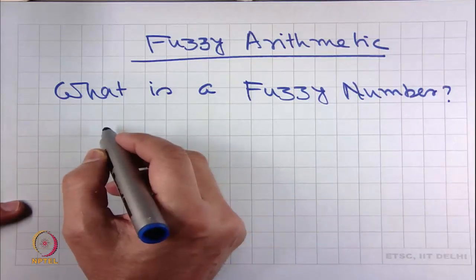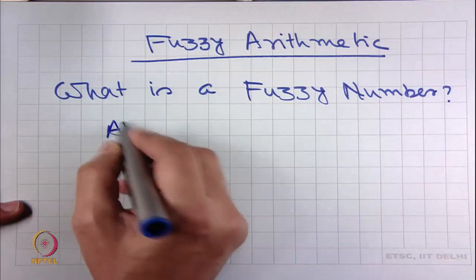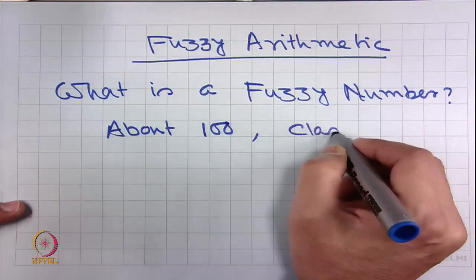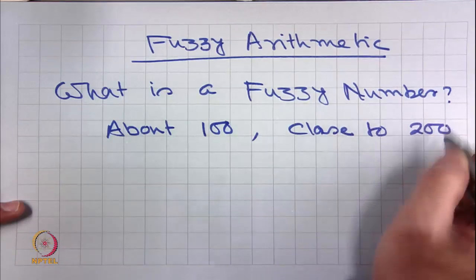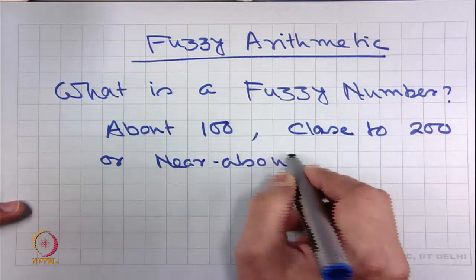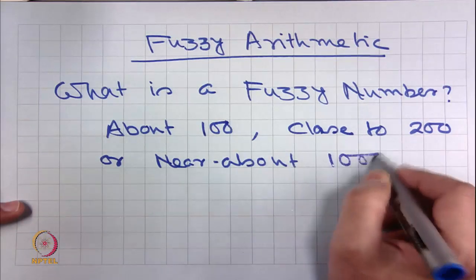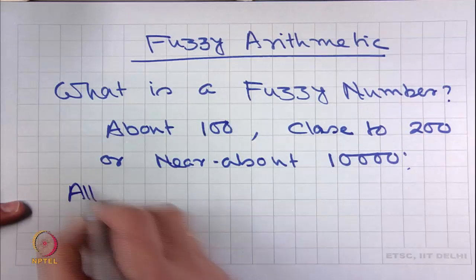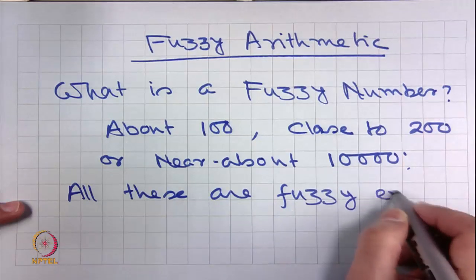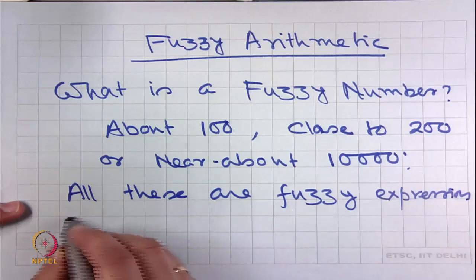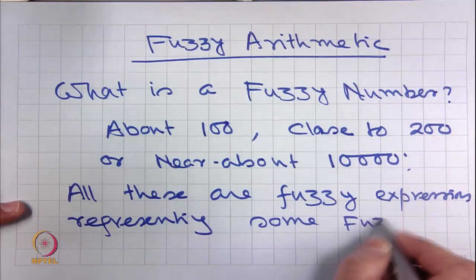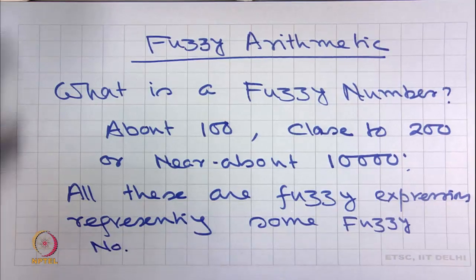From my earlier discussions, you understand that expressions like about 100, close to 200 or near about 10,000, all these are fuzzy expressions representing some fuzzy number.